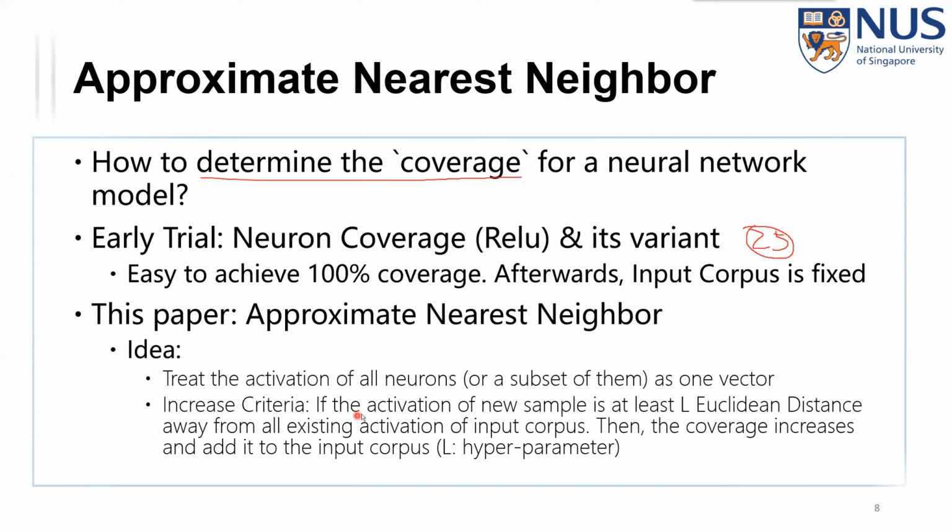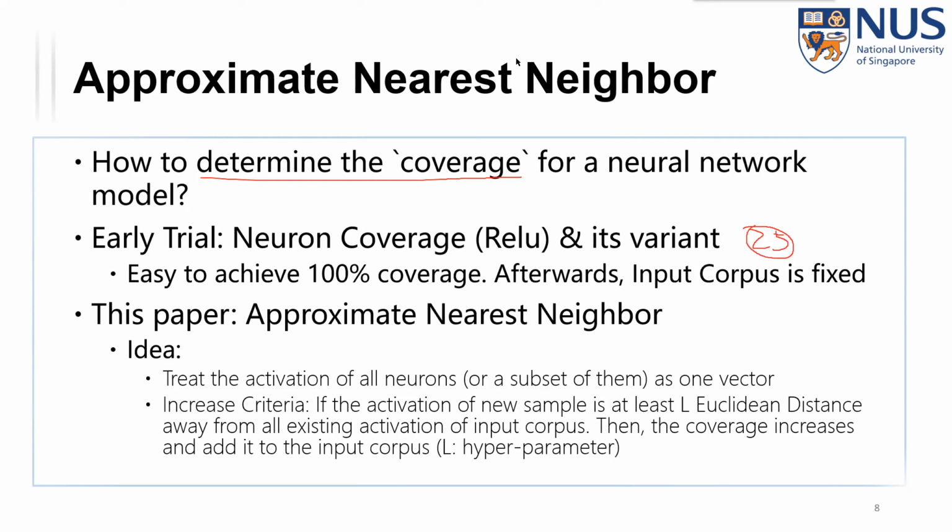Then, if the activation vector of the new sample is at least L Euclidean distance away from all existing activations of the input corpus, the coverage increases and it is added into the input corpus. This one is also quite clear. So it looks into the combination of coverage instead of the coverage per se, right? It's actually exploring the combination space.